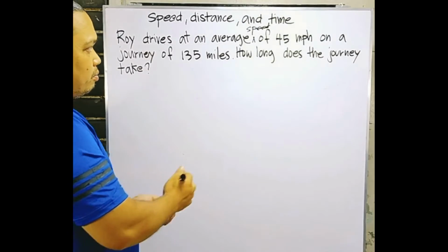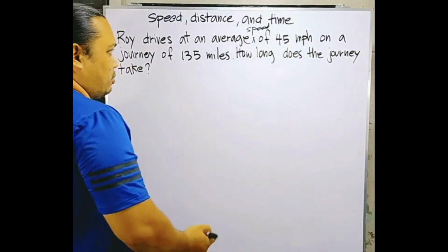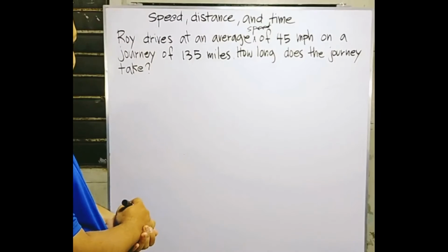Oh, m here is miles, by the way. Now, how long does the journey take? Let's read again. Roy drives at an average speed of 45 miles per hour on a journey of 135 miles. So how long does the journey take?